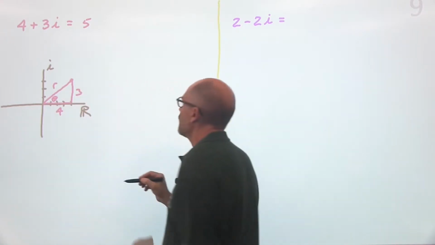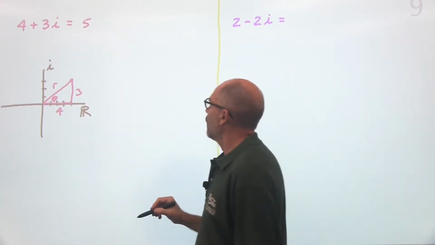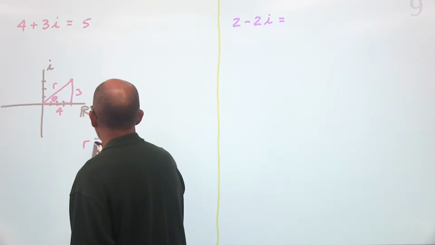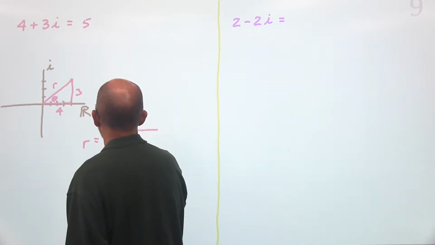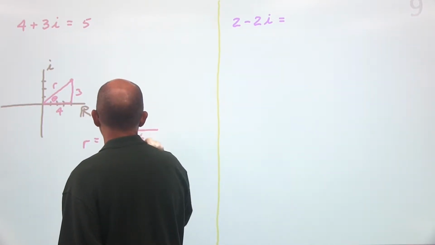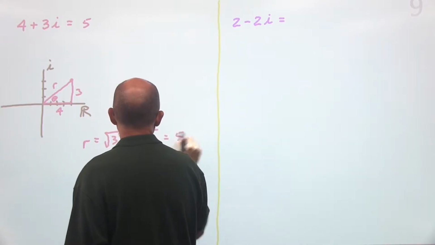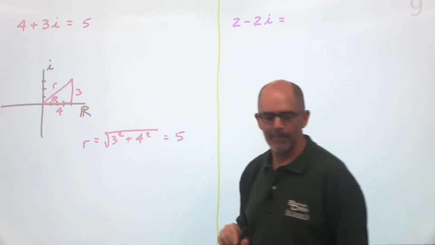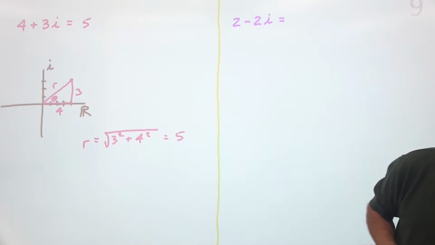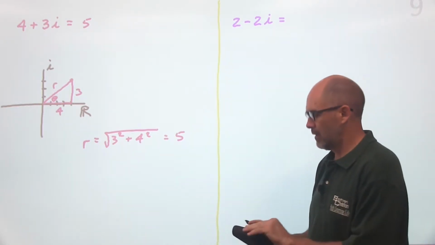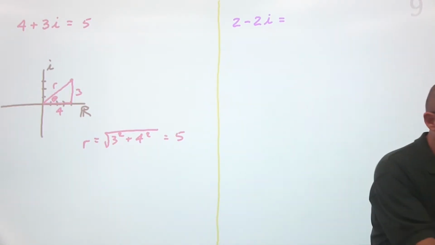Now, I need theta. So let's just write this down here. r equals square root of 3 squared plus 4 squared, which equals square root of 25, which equals 5. Now, to get theta, we need our trusty calculator.